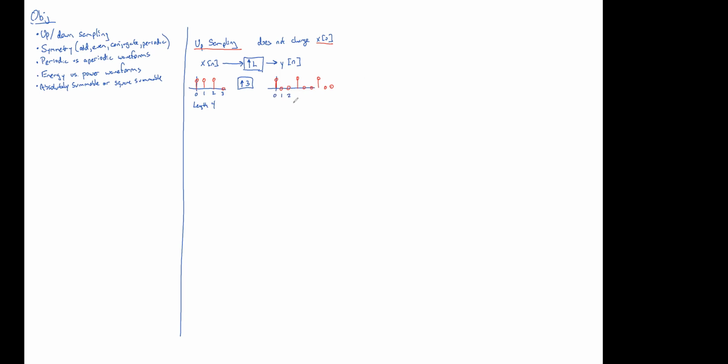So what was your signal at 1 is now at 3. What was at 2 is now at 6. We just multiplied everything through. Now here's an interesting one. We've done the same thing for the signal at 3, even though it is 0.